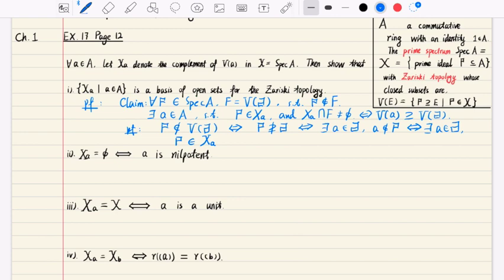And the second thing is because a is an element of the ideal A, so V of small a contains V of A, which is F. So we have finished our proof.